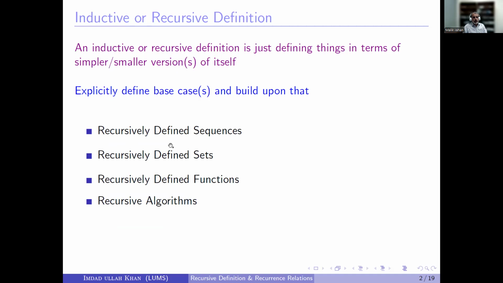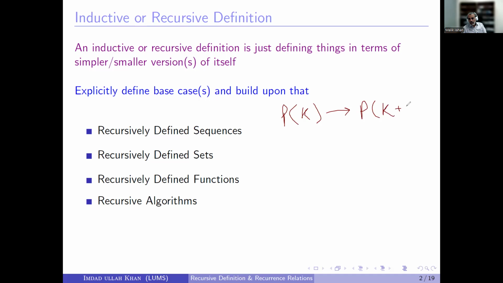For example, in the fundamental principle of induction, which we have been using to prove different claims, we used to say that if a proposition Pk is true, then based on its truthfulness we prove that Pk plus 1 is true. So the truthfulness of the next proposition is dependent on the truthfulness of the previous proposition.